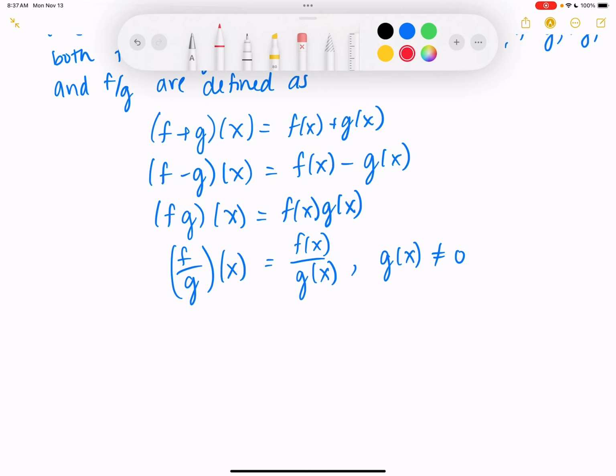And then composition of functions. So this is basically taking a function or two functions and putting one of them into the other one.